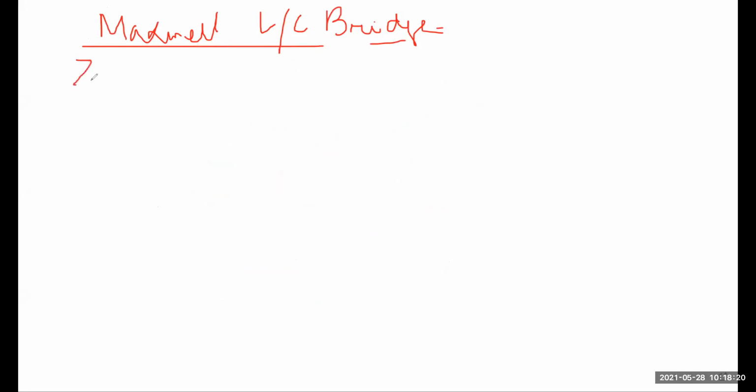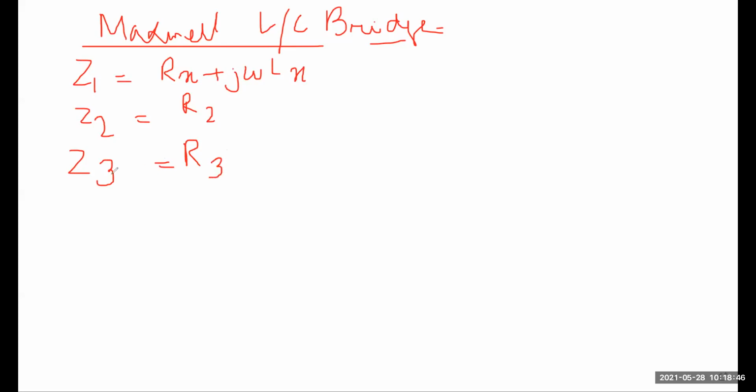For Z1, I will write here Rx plus J omega Lx. Okay, so I think you are understanding this portion. Z2, I can write here R2. If you follow my diagram, it will be clear to you. For Z3, I told you that 2 arms are simply resistive arms.